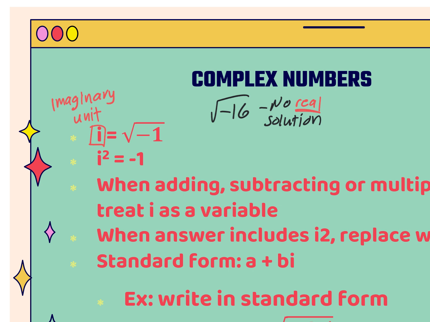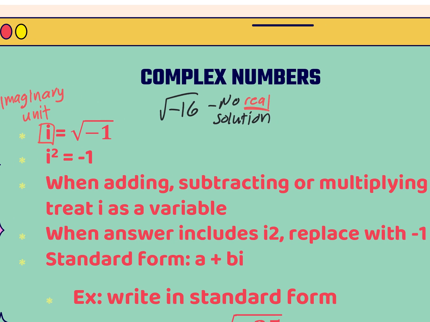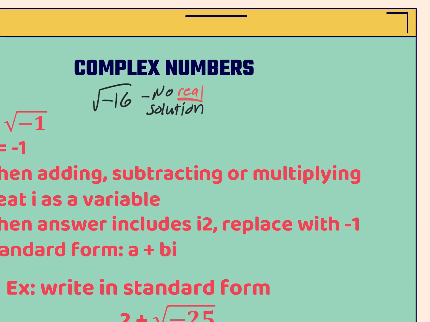But hopefully you saw in class that it wasn't super difficult to actually work with them. It might just be hard to wrap your head around the idea of an imaginary number. So the name is a little bit misleading because it's not really imaginary. It exists, just not on the real number line.